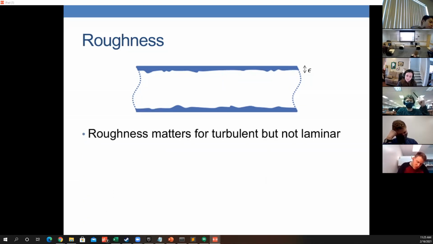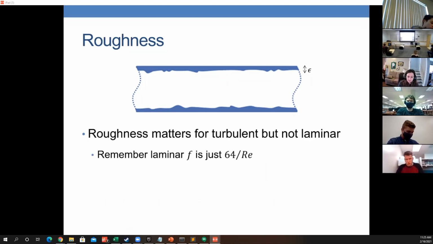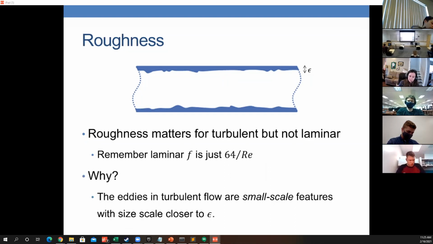Something about roughness. Roughness matters for turbulent flow, but not for laminar. So for laminar flow, f was equal to 64 over Reynolds number. There was no roughness in there. Why is that? That is because turbulent flow has all these little eddies in it, and these little eddies are small scale. So the length scale of these little turbulent eddies is similar to the length scale of the roughness.